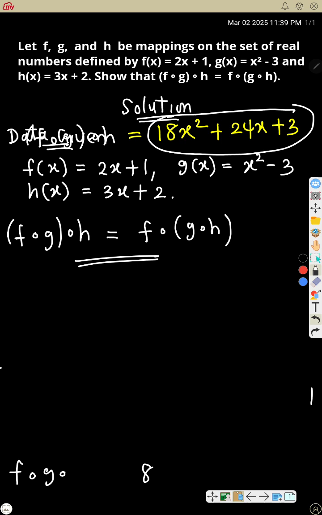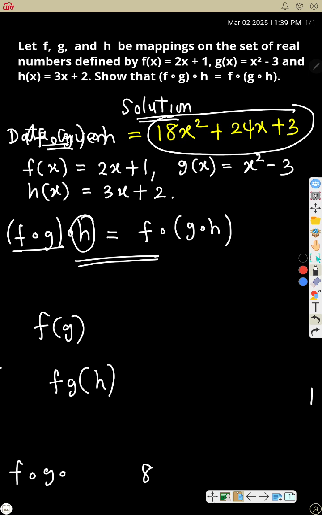So again, in summary, to prove or to show anything like this, do what you have in brackets first. First find f of g. That is the meaning of this. Then any result you get for f of g, anywhere you see x, put h inside f of g. That means you have f of g of h.